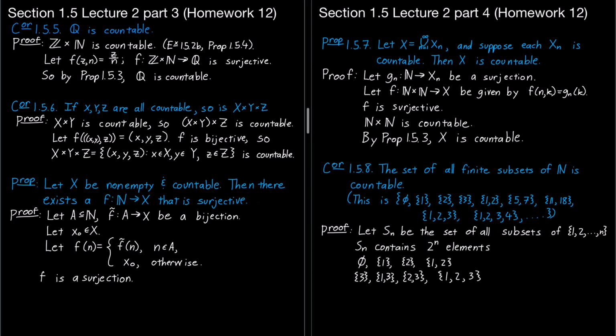Not going to write it out, but allowing 4 would get twice as many again. So the upshot is that Sn contains 2 to the n elements, so Sn is finite, so Sn is countable.